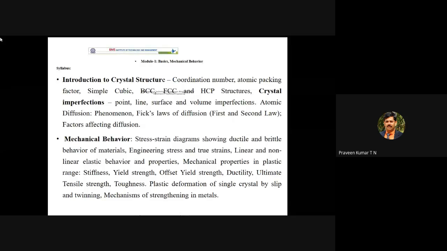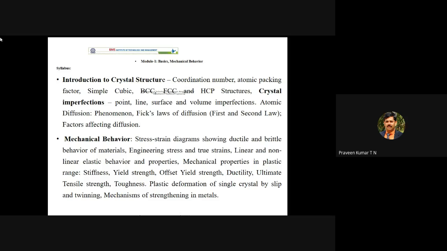During the true stress calculation, you divide the force by the cross section of the material at that moment of time. You are pulling the rubber band, initial diameter is 5 mm. For 1 kg of load, you consider 1 kg divided by 5 mm square. Once you apply the load, the diameter decreases, so you have to consider the area of the cross section at that instant of time.